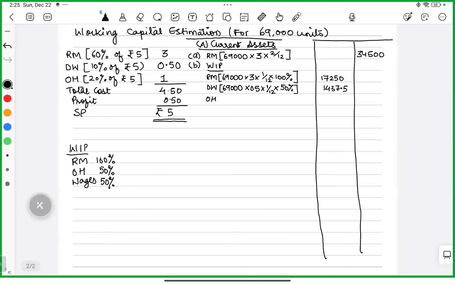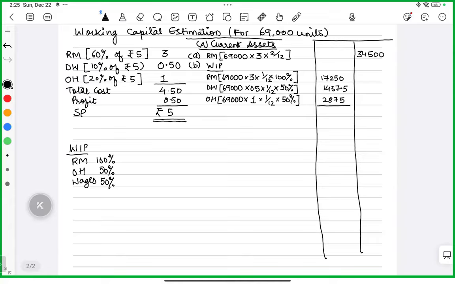Now overhead. 69,000 units you have to produce. Overhead per unit is rupees 1 into 1 by 12 is the production time, and this is also work half done, half not done, so 50%. 2875.